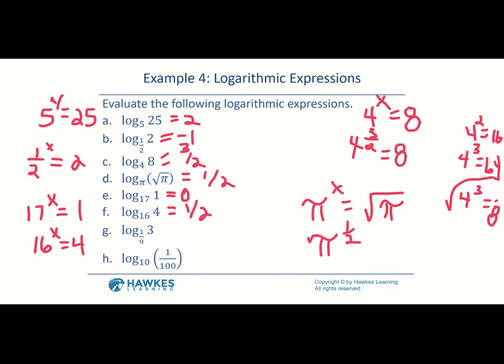All right, and our next one is 1/9 to the x power equals 3. So for this one, I know that I'm going from a fraction to a whole number, so they're reciprocals. So I know I'm going to have a negative exponent there. And not only that, but my 9 is turning into a 3.